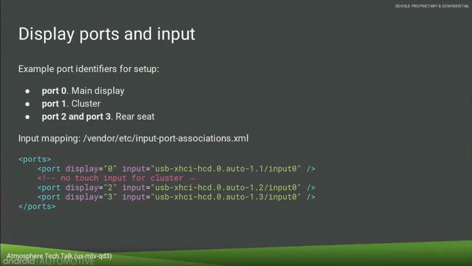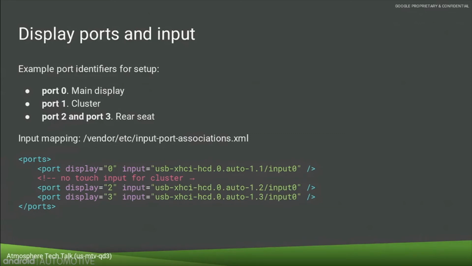So first of all, each of these screens will need to be connected to the correct port, so that you can provide a single configuration file for the model of the car, and then it will work everywhere. In our case, let's say that the main display is connected to port 0, cluster is at port 1, and rear seats are ports 2 and 3.